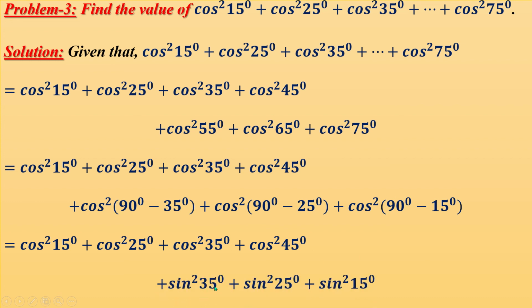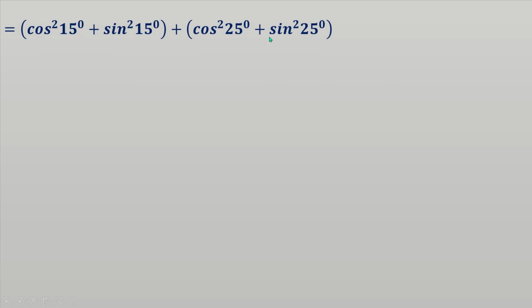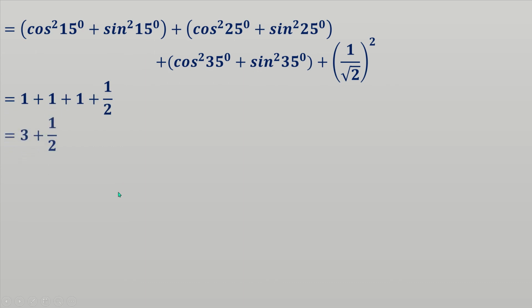So plus sin² 35°, also sin² 25°, also sin² 15°, and this and this make 1, this and this make 1, this and this make 1, and cos 45° equals 1 by root 2, whole squared as it is a square. Now follow the next line, this equals 1 plus 1 plus 1. Now calculate and you will get the required answer. Clear everyone?